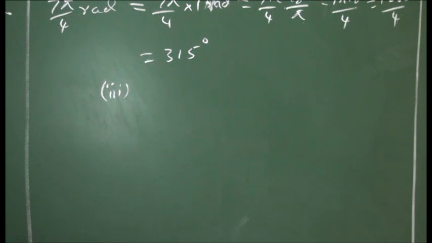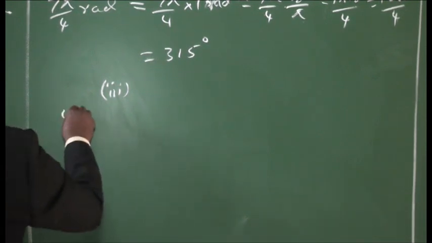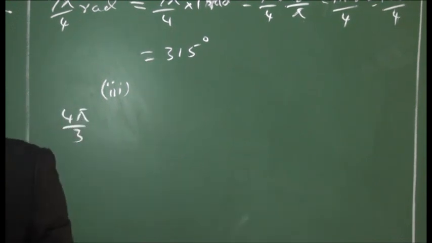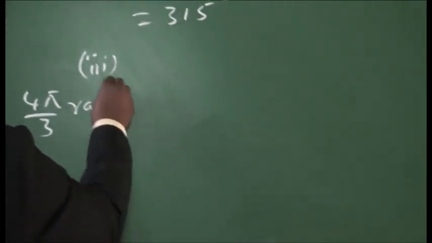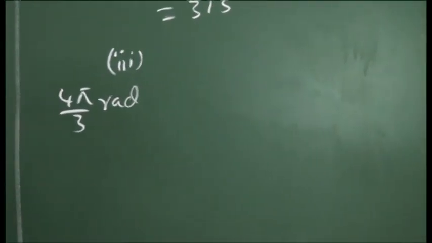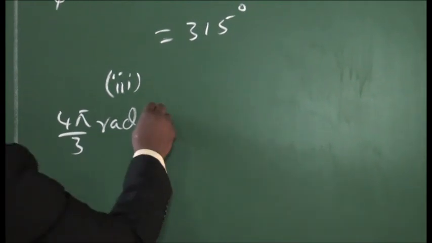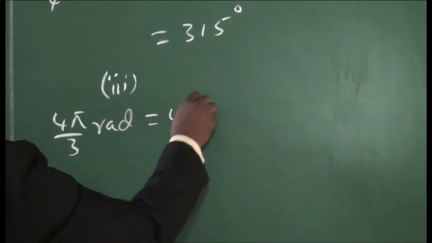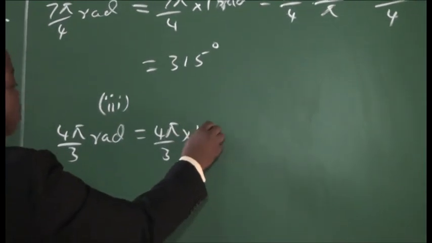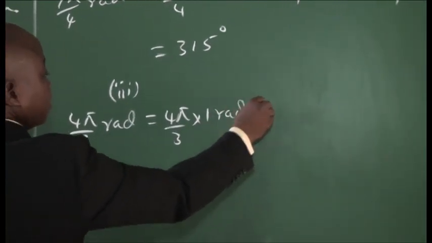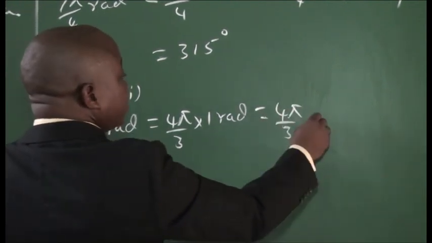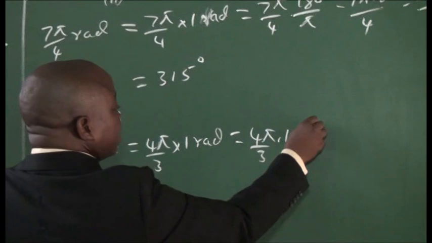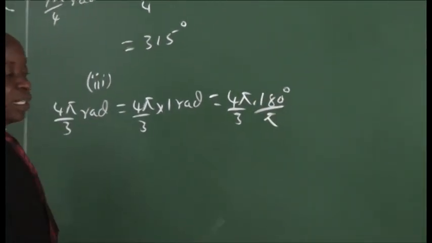Number 3. We have 4 pi over 3 radians. We are asked to convert it to degrees. So this will be the same as 4 pi over 3 times 1 radian. 1 radian is 180 degrees over pi.